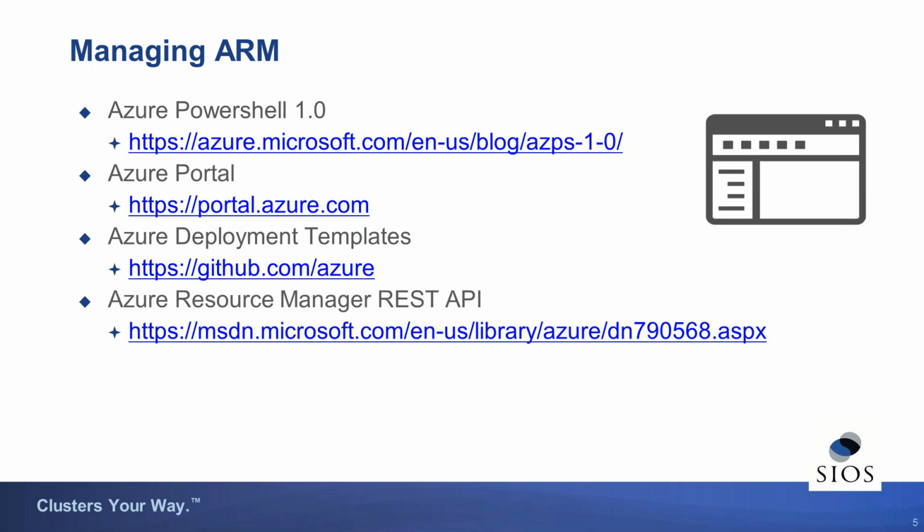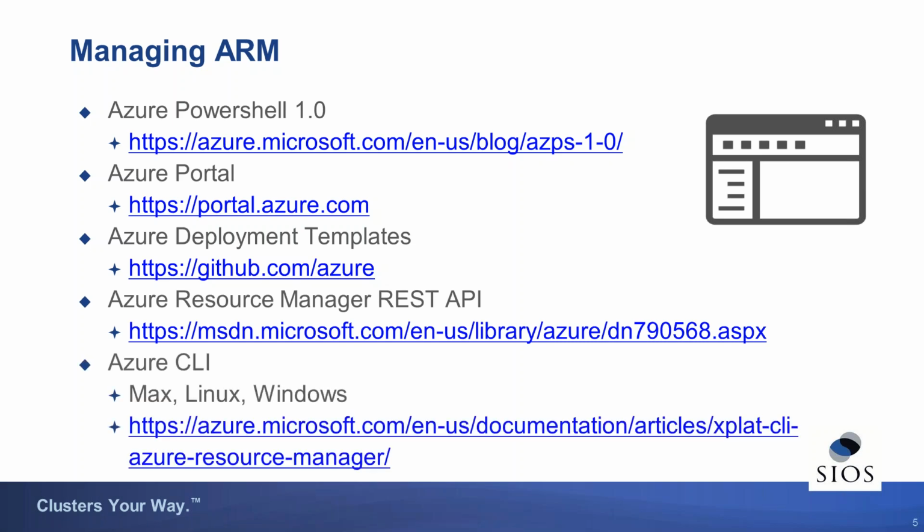And also, there's a whole REST API that you can leverage. If you want to leverage the REST API, a link is here to do that. And if you are on clients other than Windows, there's an Azure command line interface that you can download. So you can manage Azure through Mac or Linux or Windows as well.